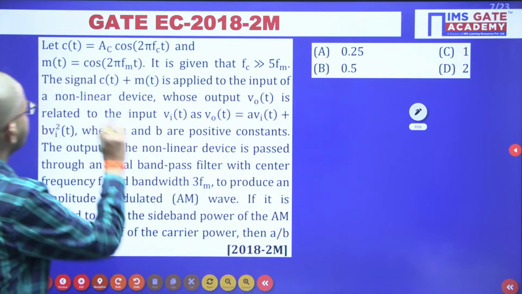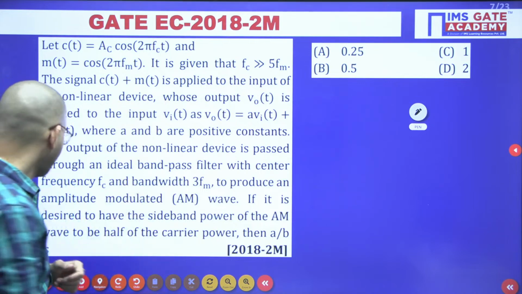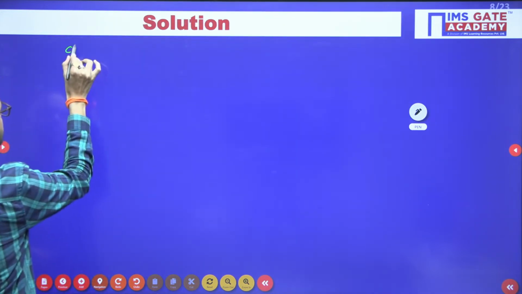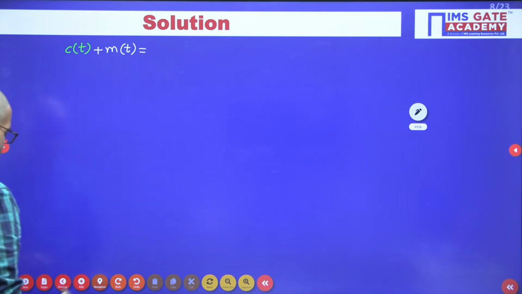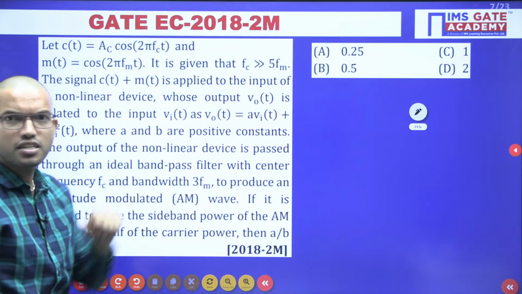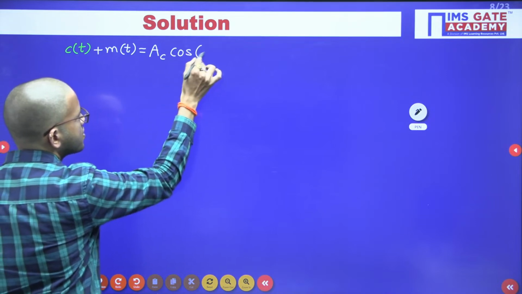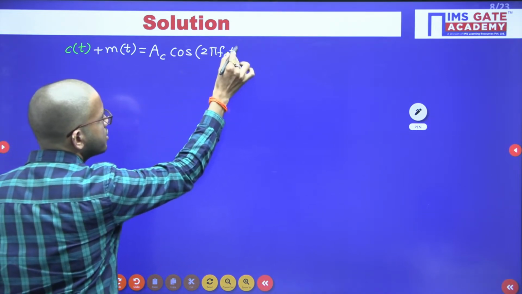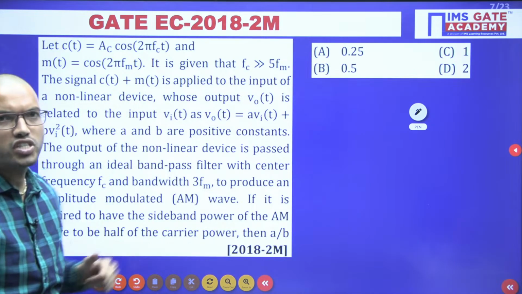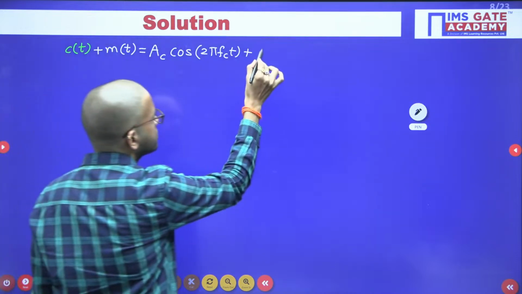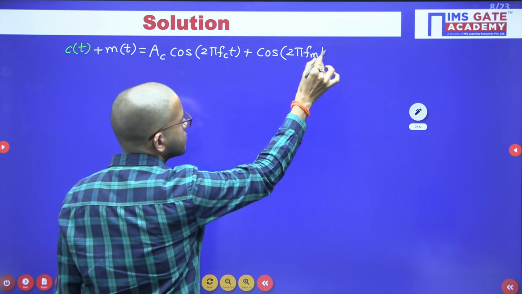Right, the message signal is there, the carrier signal is there, we have to consider c(t) + m(t). c(t) is nothing but Ac cos 2π fc t, whereas the message signal is cos 2π fm t.